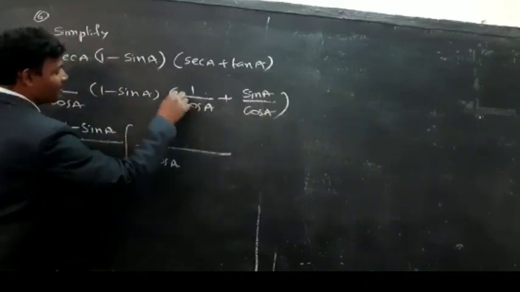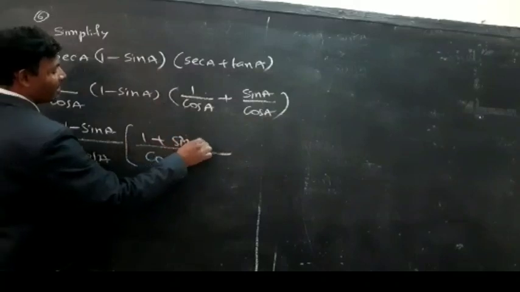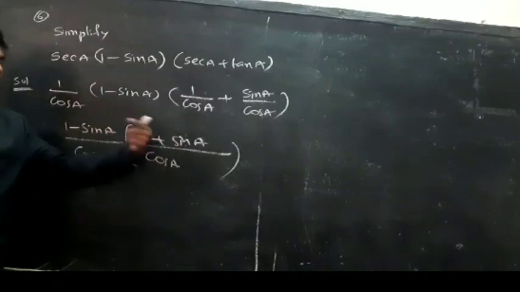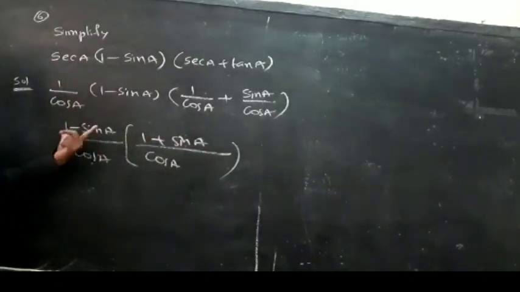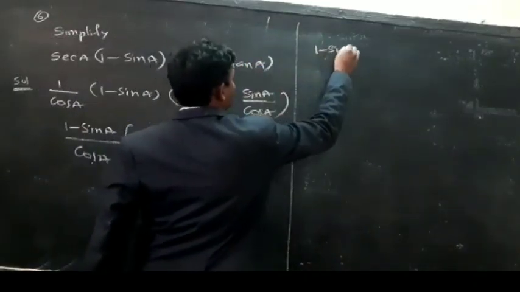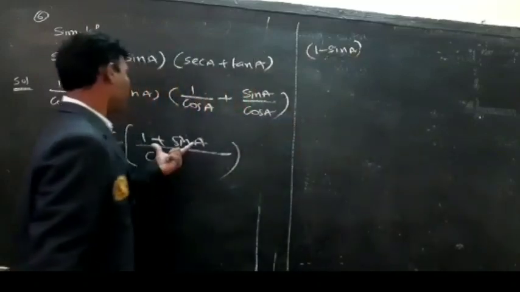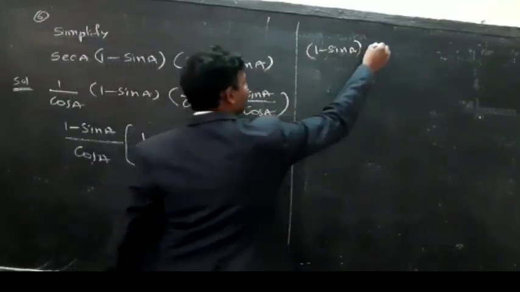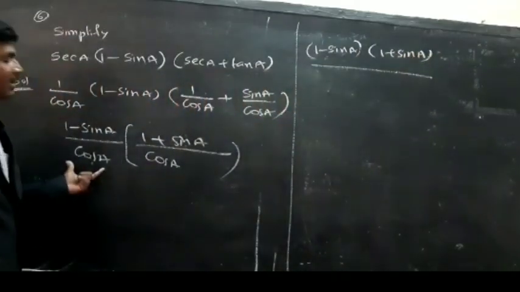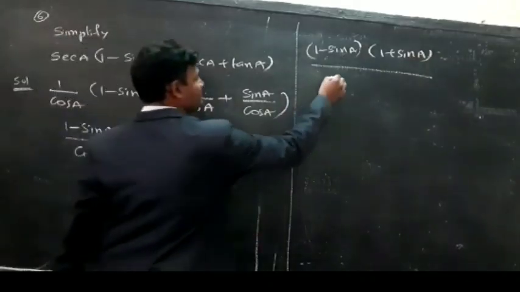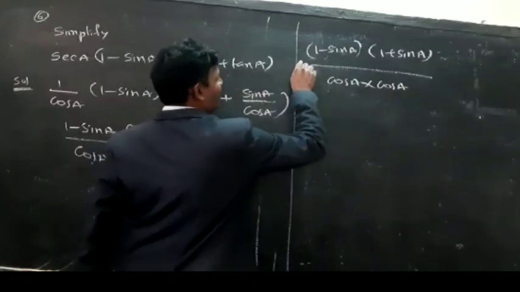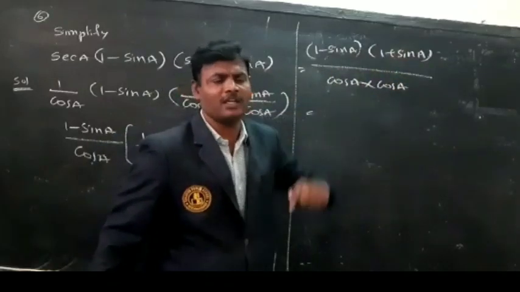Cos A is the LCM. So what is the remaining here? 1 plus sin A. Now here I am multiplying numerator with numerator and denominator with denominator. What is the numerator? 1 minus sin A into 1 plus sin A, by cos A into cos A. In the form of A minus B and A plus B, what is the formula?